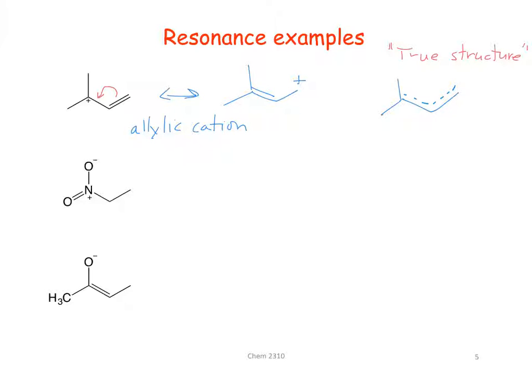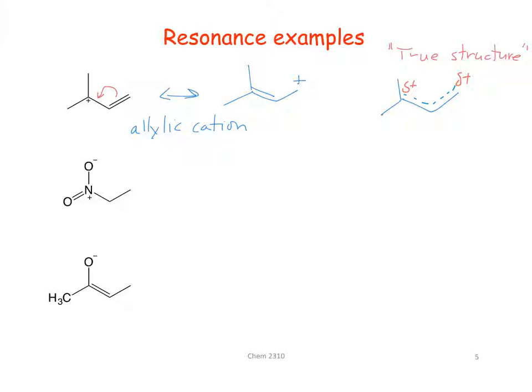All right, so we have two partial bonds, and then we're going to have a partial plus at this end and a partial plus at this end. So this shows that the electrons are shared between these two partial bonds and sharing the plus charge over those two atoms. Okay?